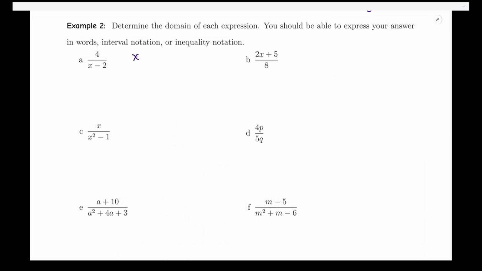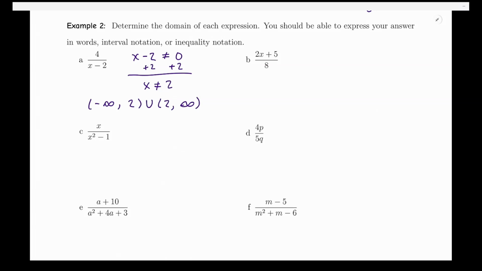The denominator is x minus 2. We do not want that to equal 0. Add 2 to both sides, and we get x cannot equal 2. So there's inequality notation, and then interval notation would be negative infinity to 2, union 2 to infinity.